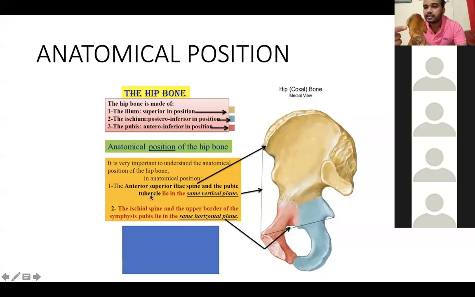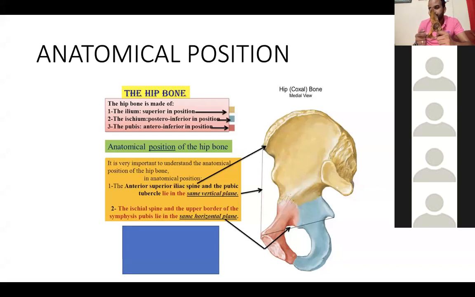Everybody see here, this is the anterior superior iliac spine and this is the pubic tubercle. Both have to lie in the same vertical plane.